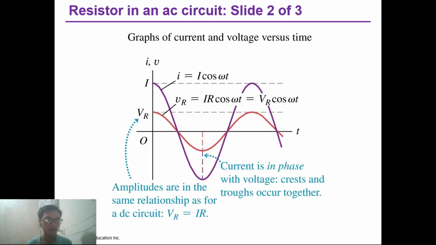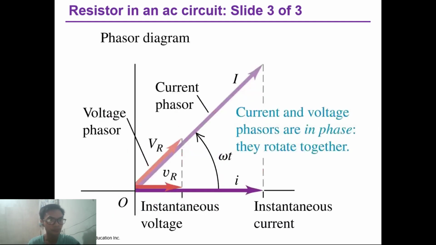So sketch the voltage and current versus time for a resistor. What do you notice? The amplitudes are in the same relationship as for a DC circuit, in which the voltage for a resistor is equal to the product of the current amplitude and the resistance. And the current is in phase with the voltage, in which the crests and troughs occur together.